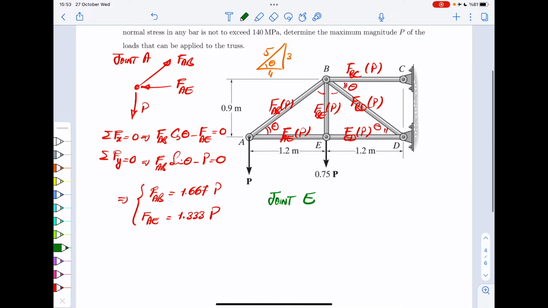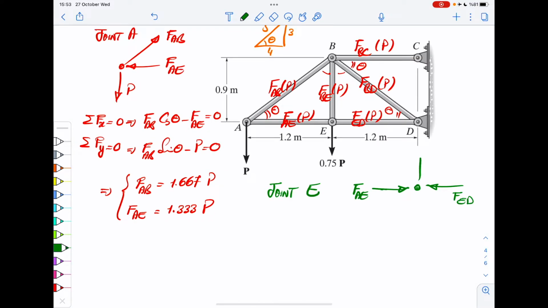So at E, you would have FAE like that, and then you can immediately imagine FED should be opposite to that, because these are the only horizontal members. Then you would have FEB, and you have this 0.75 P. This is a simple structure.